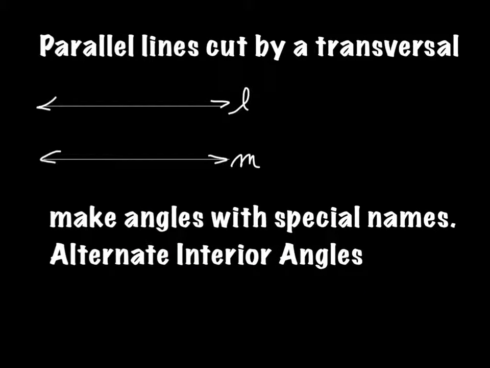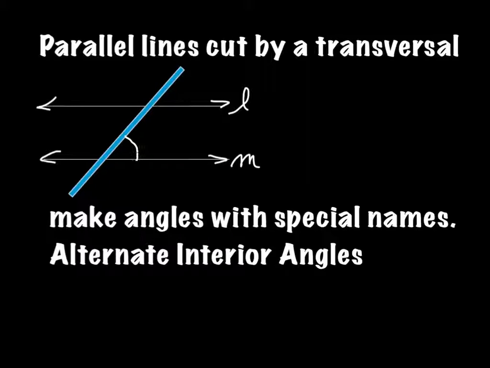If we have parallel lines that are cut by a transversal, a line that goes through both parallel lines. So suppose that I created a transversal here that cuts through both of those lines. Once I've done that, that new line has created 8 angles altogether, and there are several angles here that are the same size.